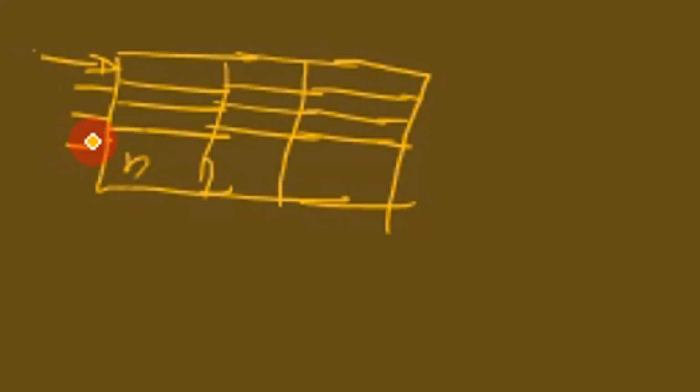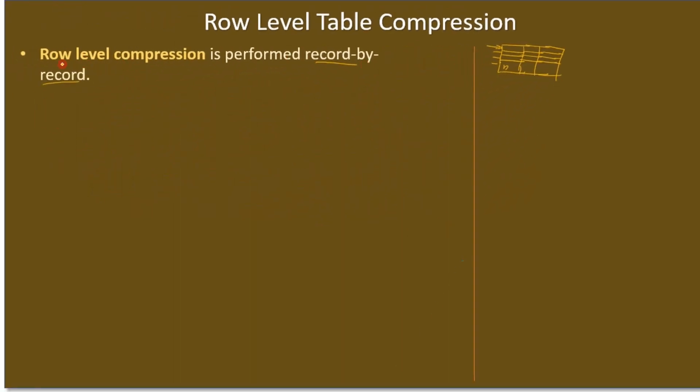Likewise, it will visit all the records in a table. That's why we call this row level compression. It picks one row and compresses all the data in that row. It looks at the data type, as we stated in the previous video. It looks at the data type for each column, then it applies the row level compression.